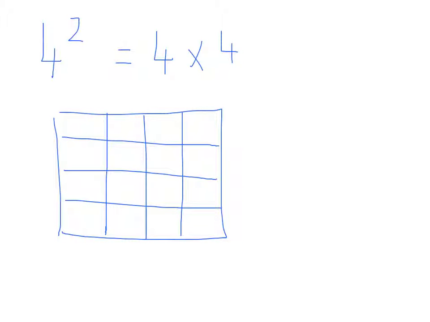So a 4 by 4 grid gives us an answer of 16. So 4 squared, or 4 to the power of 2, is the same as saying 4 times 4, which is 16.